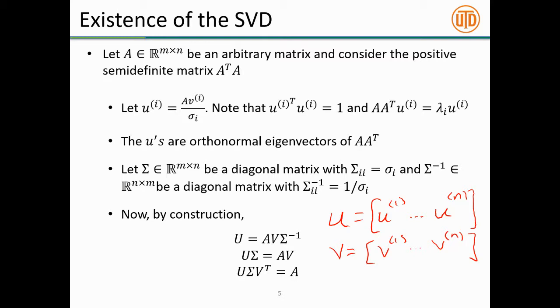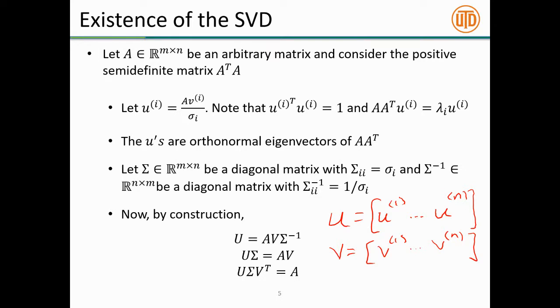It's easy to do that because the remaining eigenvectors of AA transpose will have to correspond to 0 eigenvalues, so we just pick any collection of orthonormal vectors that span that space. We'll come back to that in a minute.